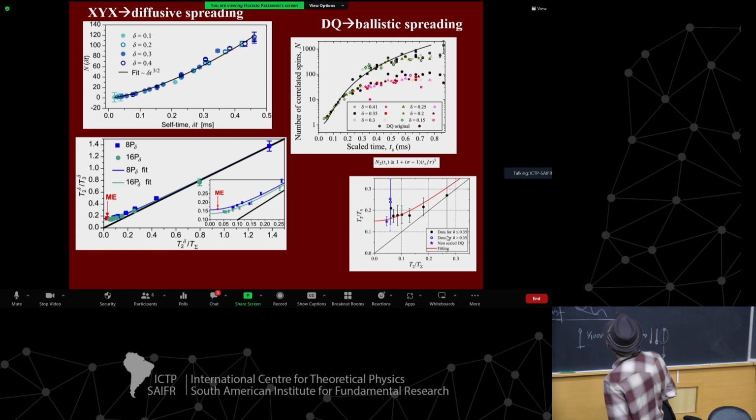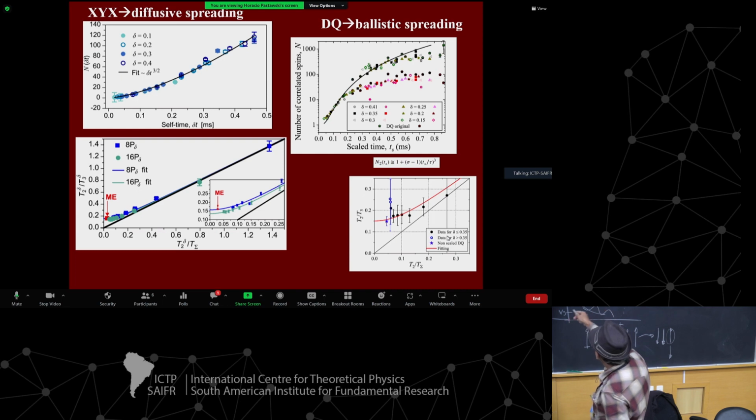Again, it's interesting that this double quantum Hamiltonian, and this is XYX, means that the Zeeman is in this direction, in a sense, the Ising term is in this direction, while I put the spins in the Z direction. That's what this means.